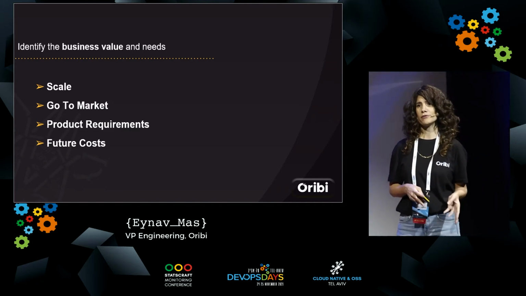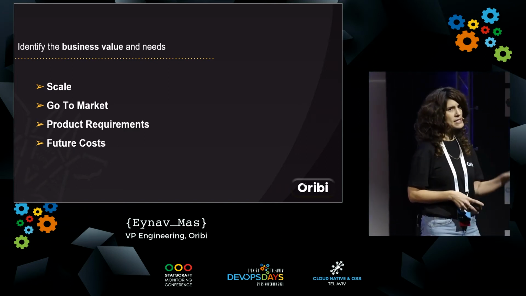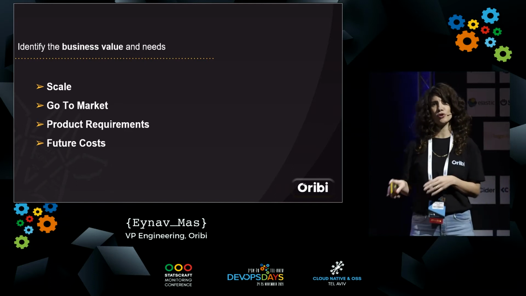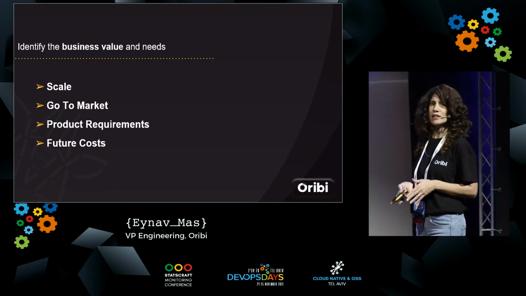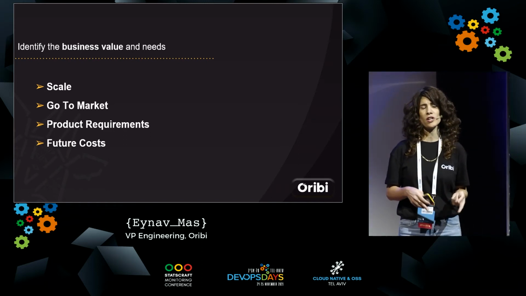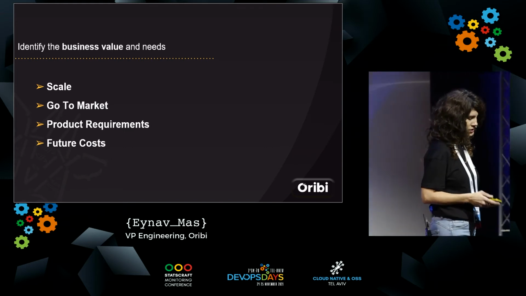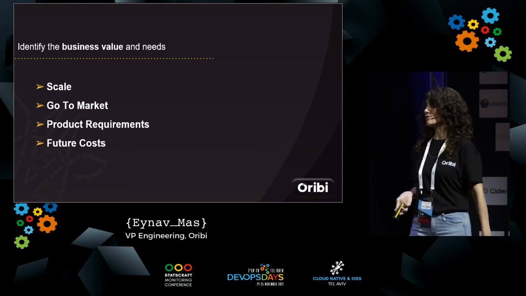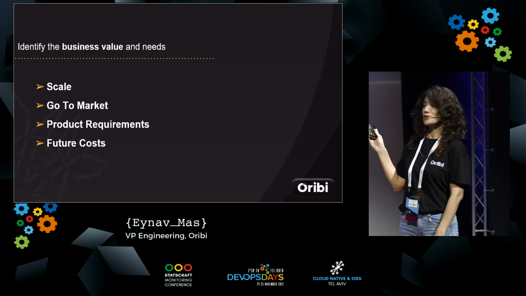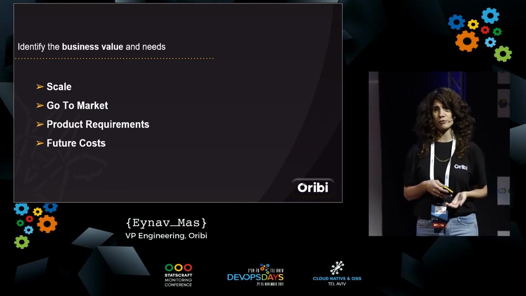For example, if you are now working with small and medium-sized businesses and you are going to move to corporate enterprise, that will have a major effect on your data solutions in terms of load, traffic, and sometimes also security and other considerations. Product requirements.